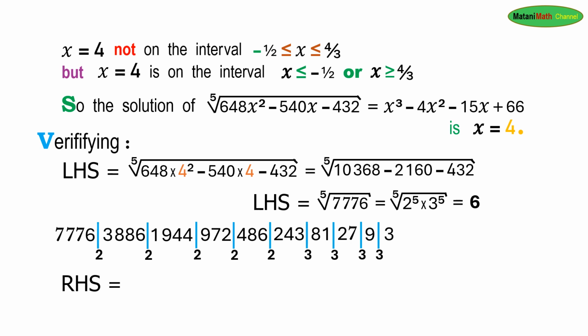Meanwhile, the right hand side equal to 4 to the power of 3 minus 4 times 4 squared minus 15 times 4 plus 66 equal to 64 minus 64 minus 60 plus 66 equal to 6.